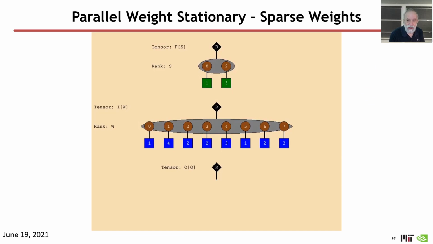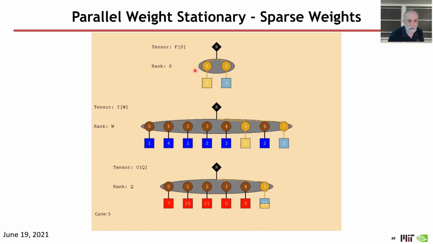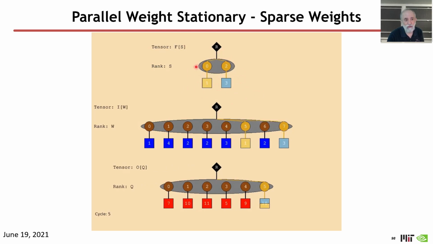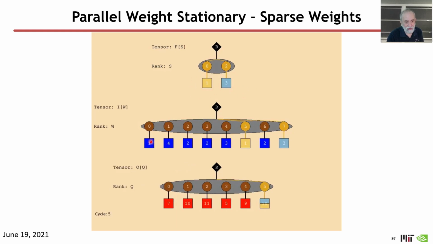If we want to look at that activity in animation, what we see here is these filter weights. We don't see any green here because I ran a case with only 2 filter weights, but now we have both of the PEs, the two highlighted colors, the yellow and the light blue, both active. And what are they going to do?